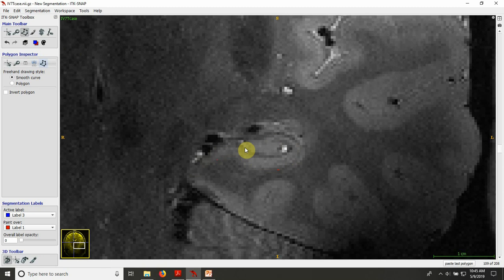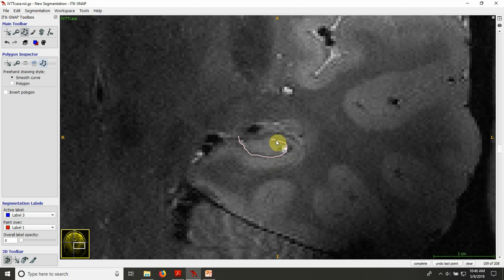So in this protocol, we're going to try and split this line of dark voxels between the dentate gyrus and the surrounding regions, and in case when there's one line of dark voxels, we include it in the surrounding regions.